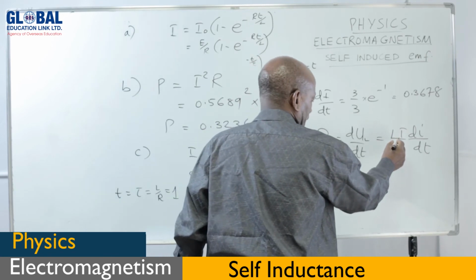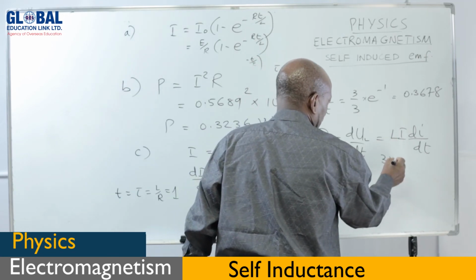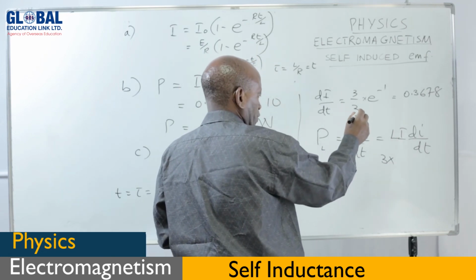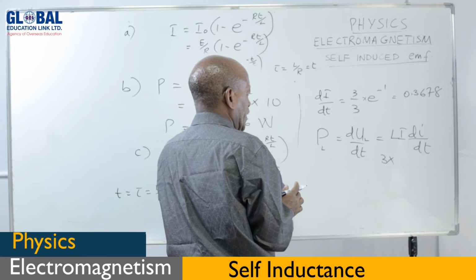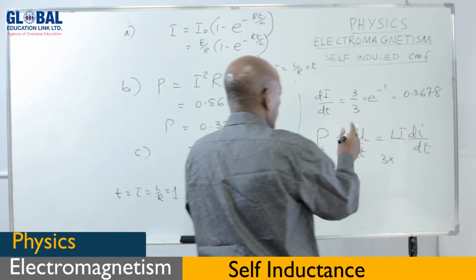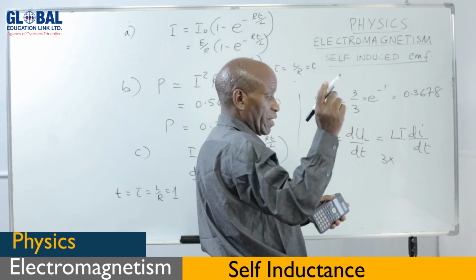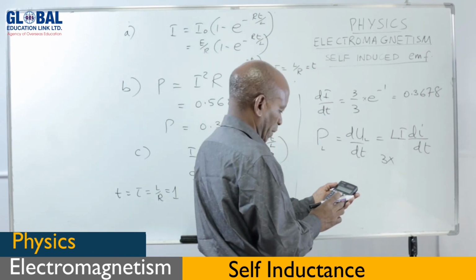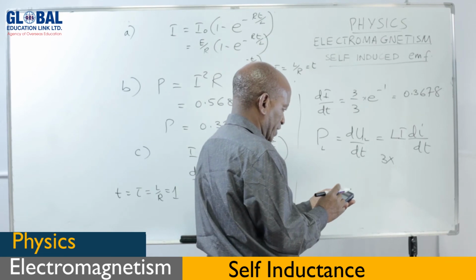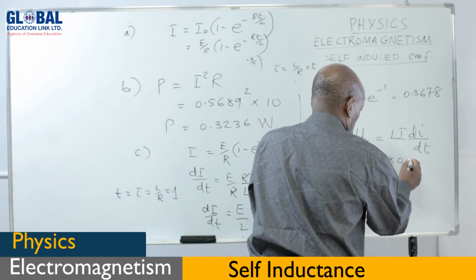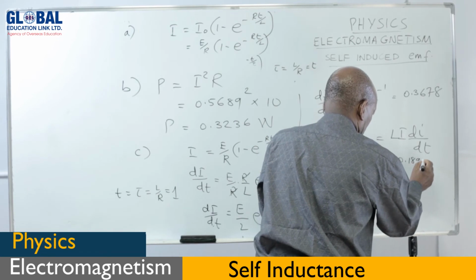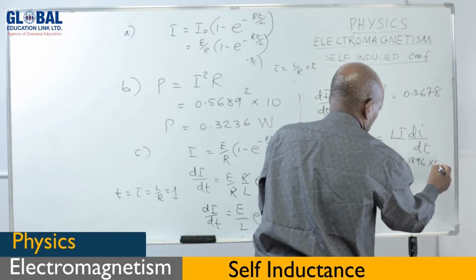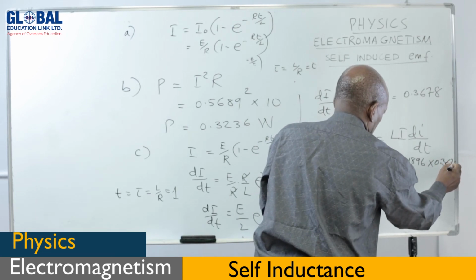For an inductor, L is 3, and the current that is crossing through the inductor, we have just obtained in part A. This was 0.1896, and the di/dt is this one which I've obtained here, which is 0.3678.